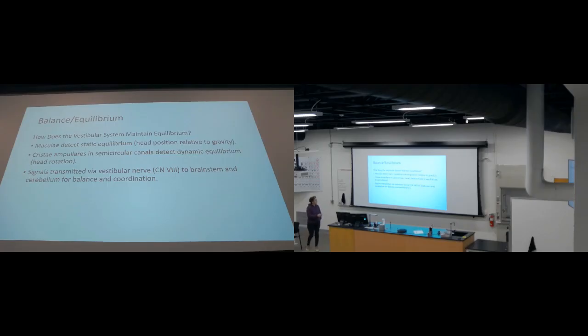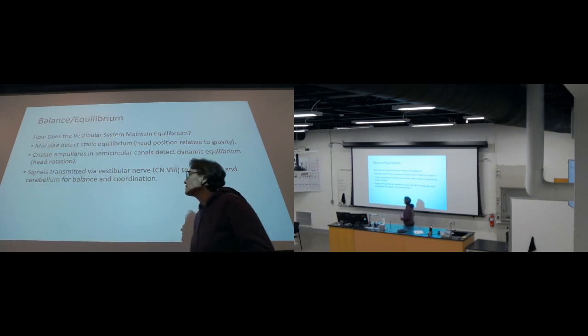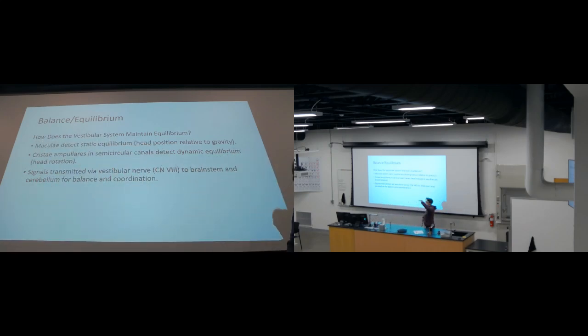So that is detected by some cells that are called the crista ampullaris, where you have these hair cells. And then these mechanoreceptors act by having a gel-like portion on top that is filled with calcium salts.